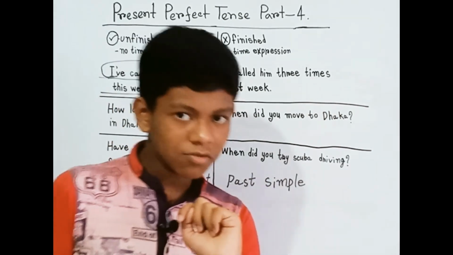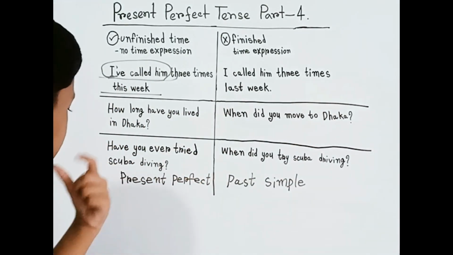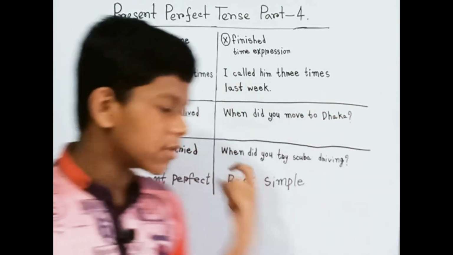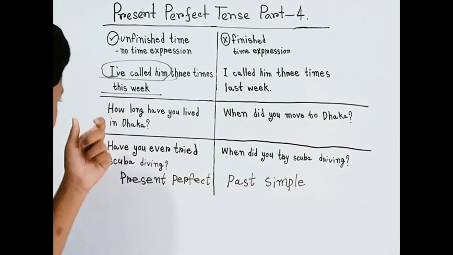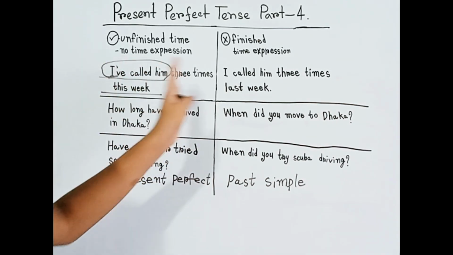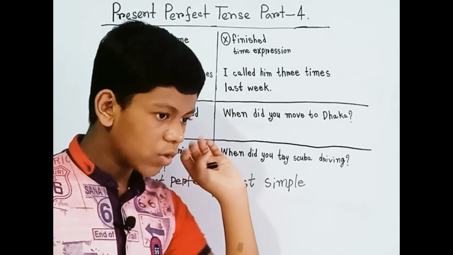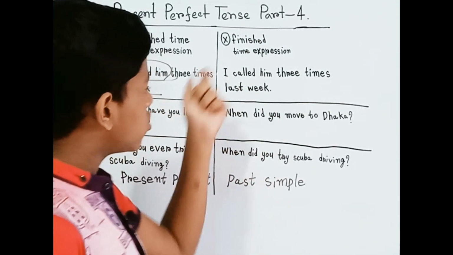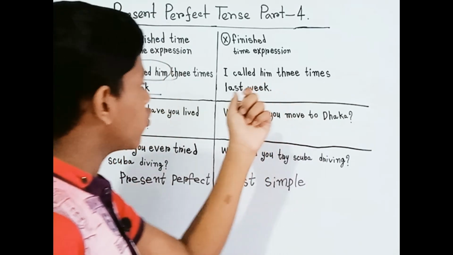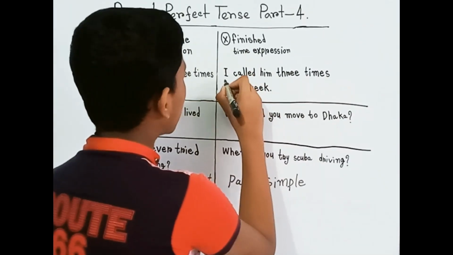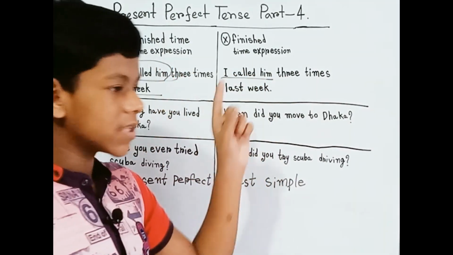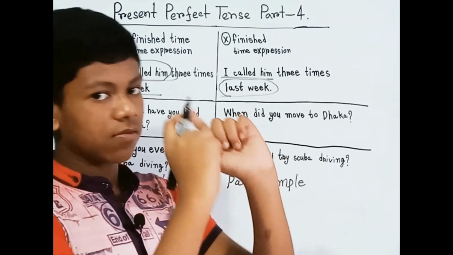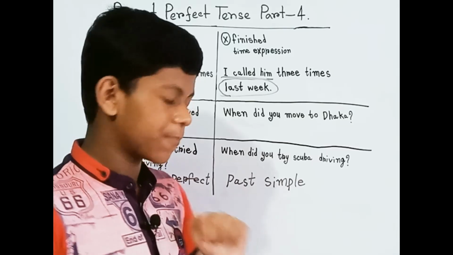Next, with the finished time expression and the past simple, we say: I called him 3 times last week. Last week indicates the finished time expression, which happened before, not now.